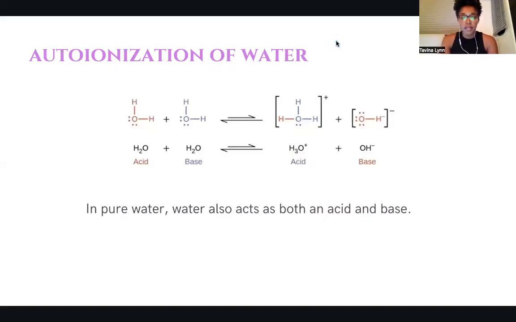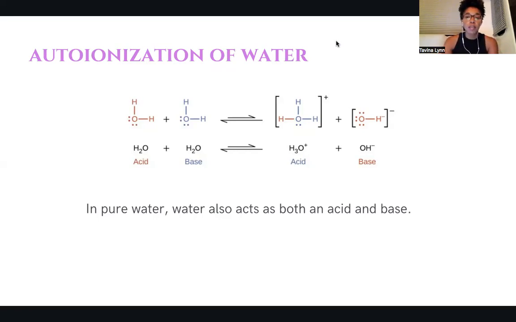In the last video, we talked about water being amphiprotic. This is why it's amphiprotic, because it can act as an acid and a base. And we saw two different examples with two different molecules that water engaged in acid-base chemistry with.